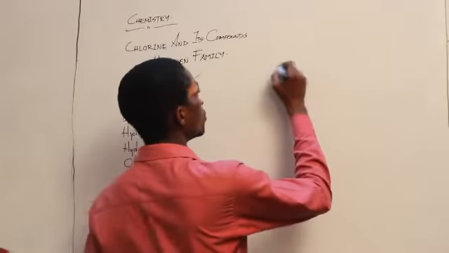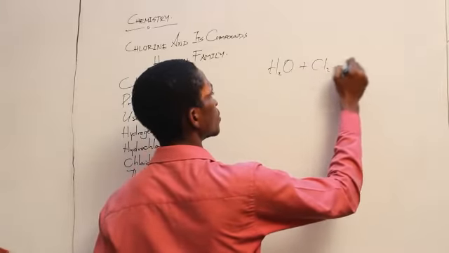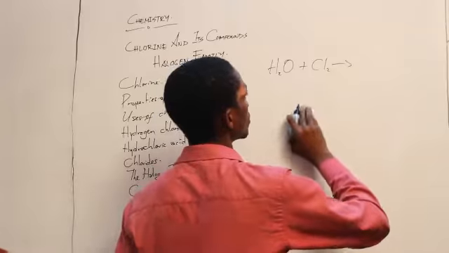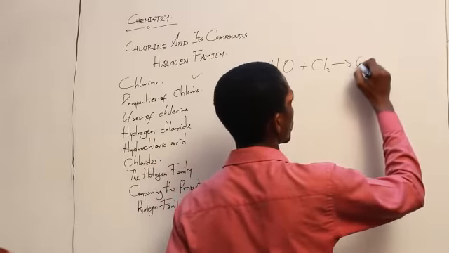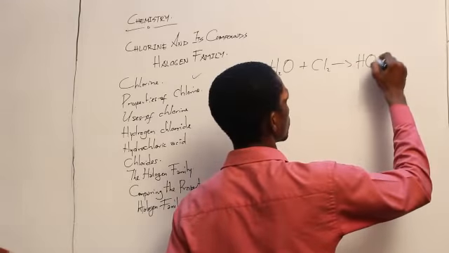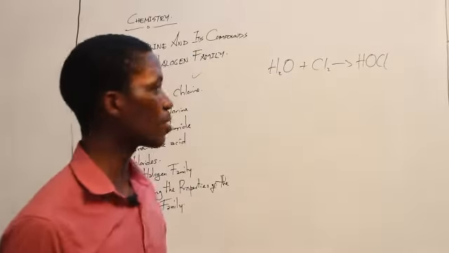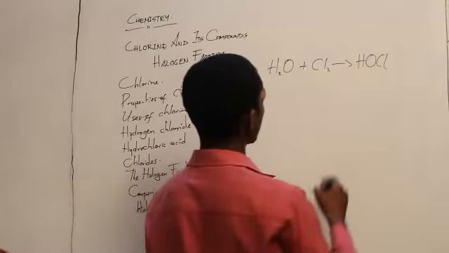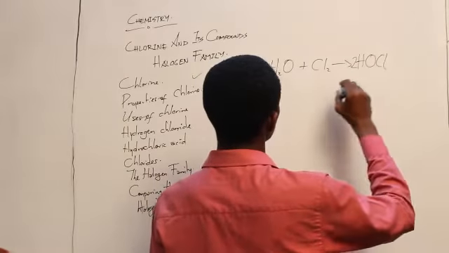When chlorine is reacted with water, it displaces one hydrogen and creates a compound, HOCl. This compound is unstable in the presence of light.